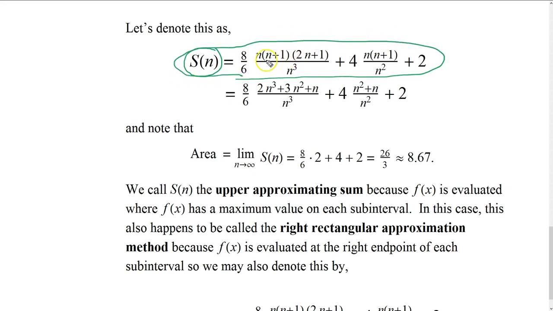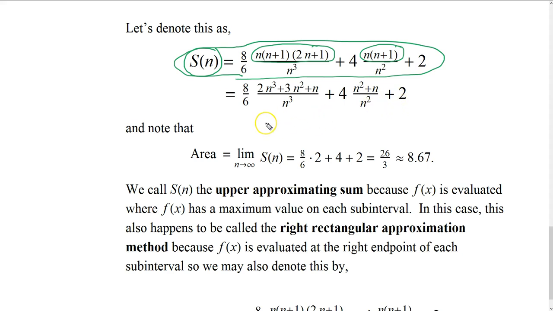And we can simplify this a little bit by multiplying out, foiling out this term right here, n times n plus 1 times 2n plus 1. That gives us 2n cubed plus 3n squared plus n. And n times n plus 1 just gives us n squared plus n right here.